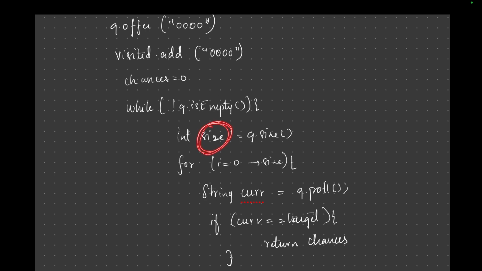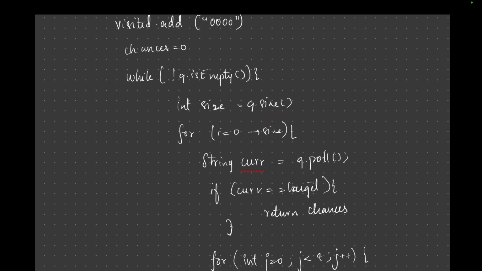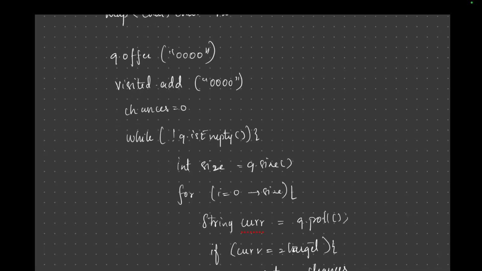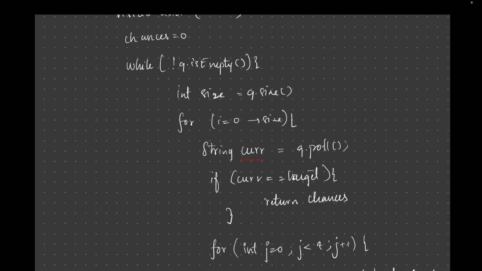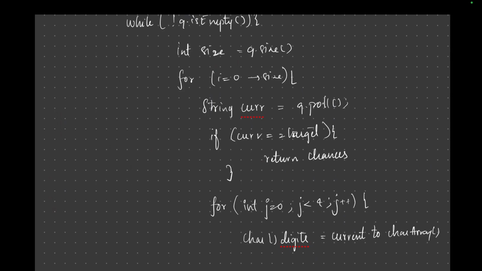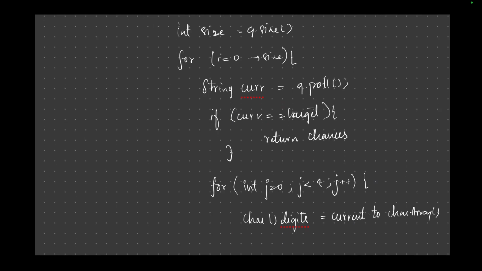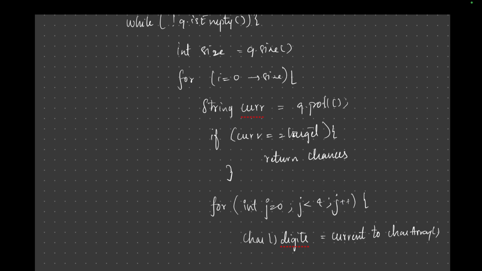Now you get the size of the queue, and until that size, you will get the current string. If you have 0000, you get the current string and remove it from the queue. Now you check whether your current string is the target, and if so you return chances. Else you do the operations that we have discussed.